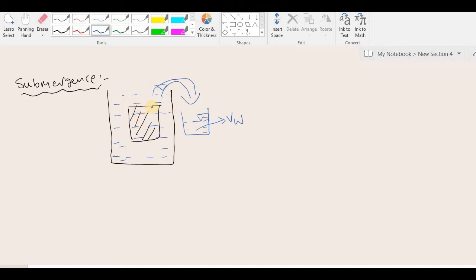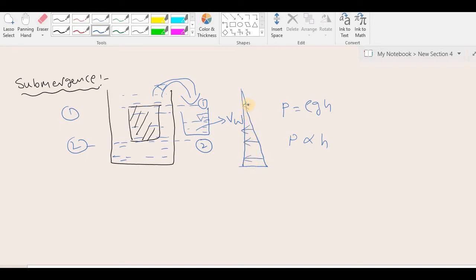We know that hydrostatic pressure P equals rho g h. It means that P is directly proportional to H. So take this plane and this plane, 1-1 and 2-2. The hydrostatic pressure will act like this. The pressure here is less, the pressure here is more.